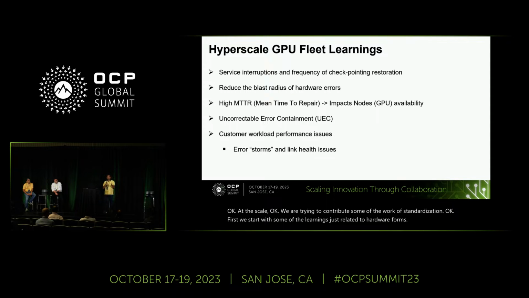The first thing I mentioned is service interruptions. Because of the scale and complexity, you see hardware faults, and those service interruptions lead to two critical things. One is the periodicity of checkpoint restoration.